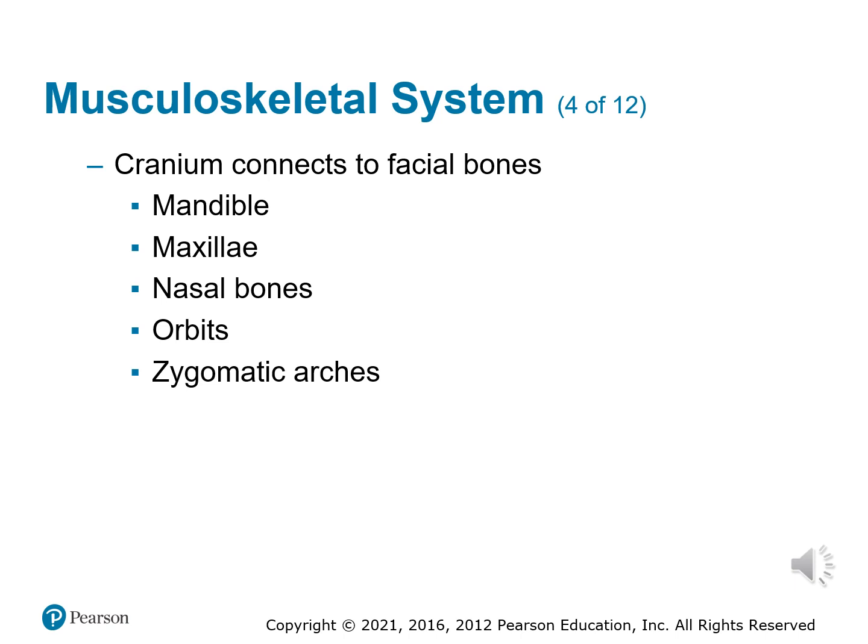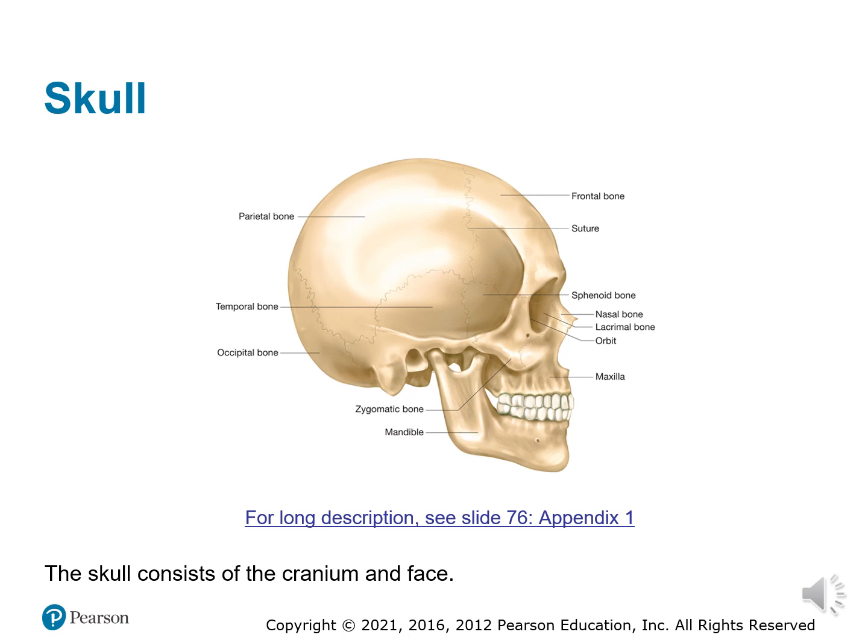Some of these structures consist of multiple bones, such as the orbits, which surround the eye, and the zygomatic arches. So here is the skull, which consists of the cranium and the face.